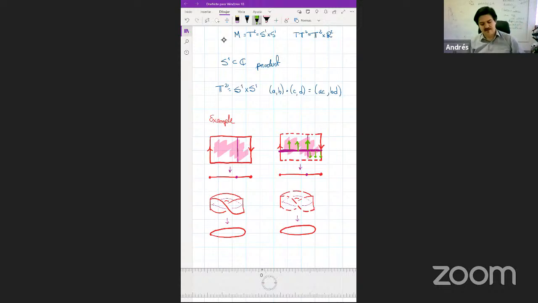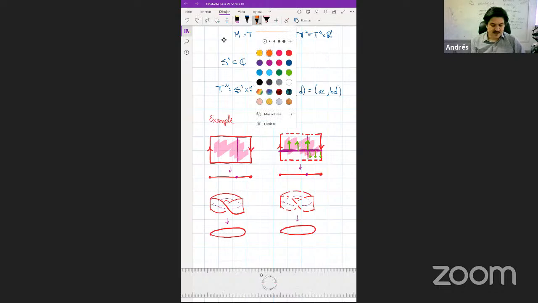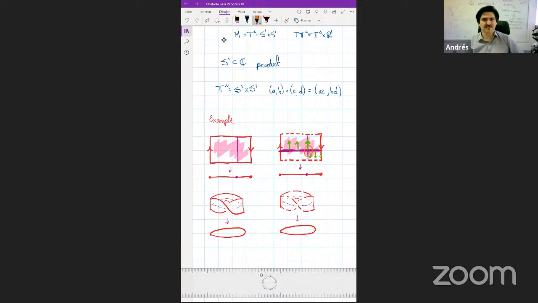And somehow here it appears that the movement wasn't smooth because you have opposite vectors. Basically, you have x and then minus x. But you were moving the vector smoothly. That means that the vector must vanish somewhere. Okay? You cannot have a non-zero vector everywhere.